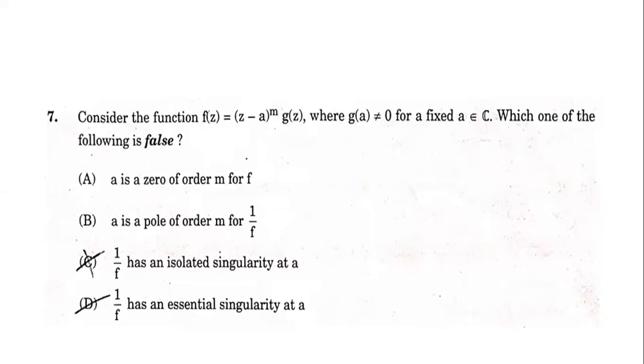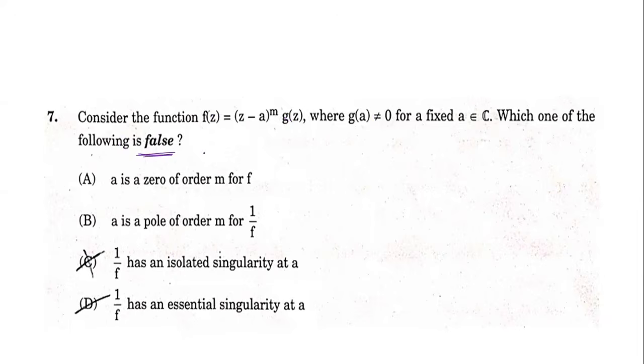Next, seventh question. Consider the function f of z is equal to (z minus a) whole raised to m times g of z, where g of a is equal to 0 for a fixed a belongs to complex numbers. Which one of the following is false?